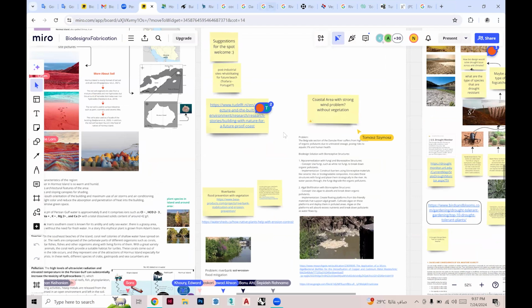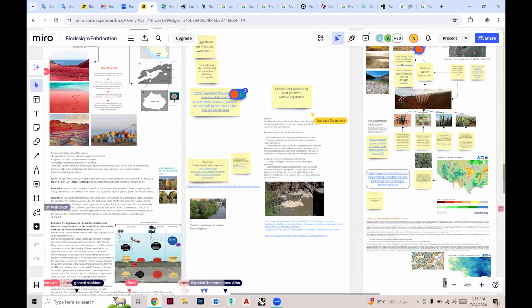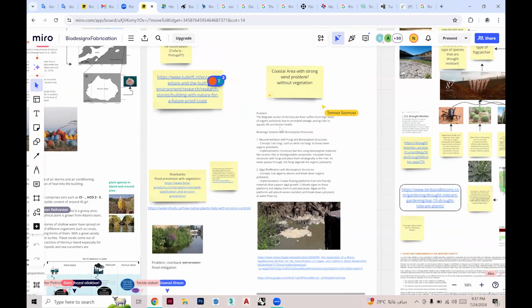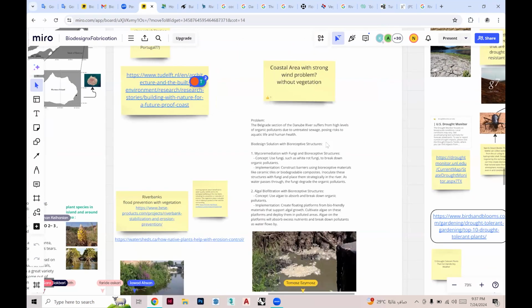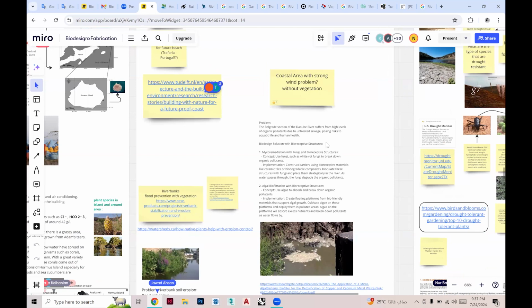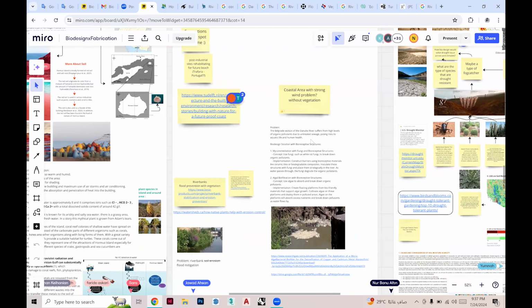And the other idea was, in this area, the Danube River. There is also a high level of pollution. So we are thinking about the two ideas.